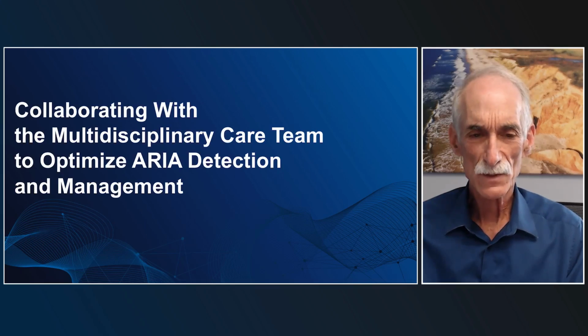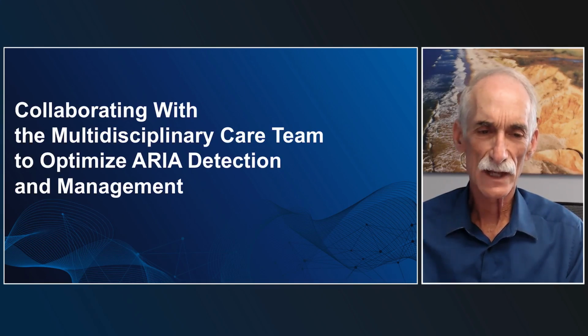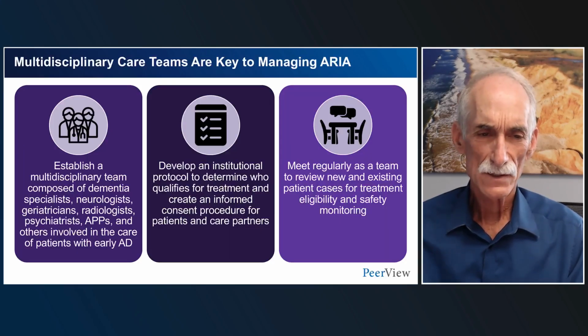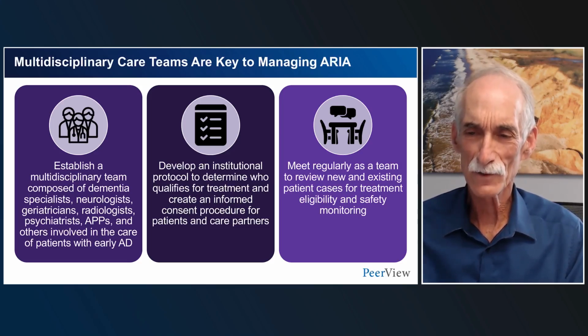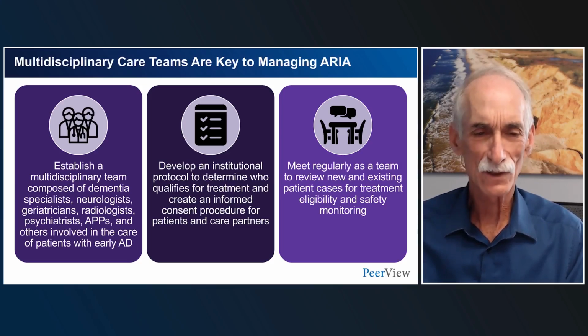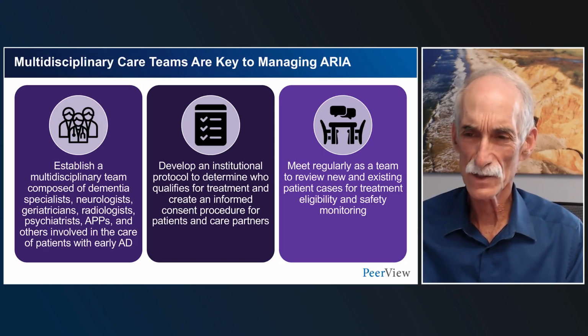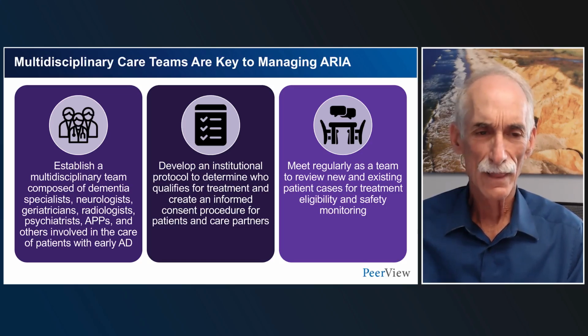Collaborating with a multidisciplinary team to optimize ARIA detection and management is very helpful, and some clinicians are on their own, so you have to build whatever support you can locally. Certainly you need an infusion center, you need good radiology support, teamwork. Others, Eric comes from a very large center.